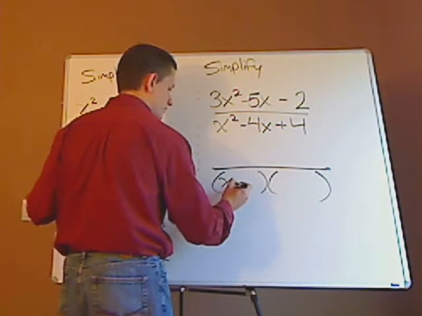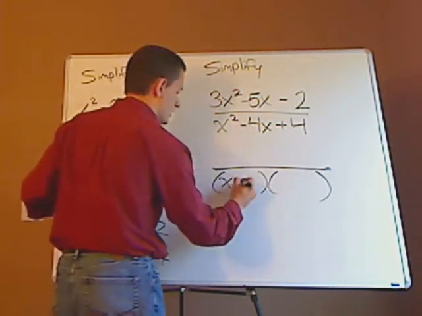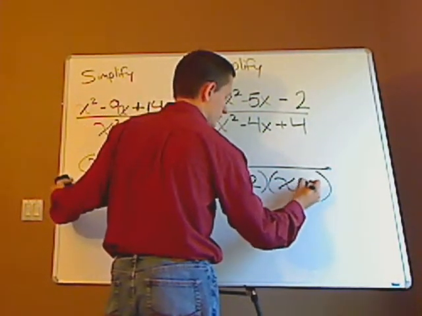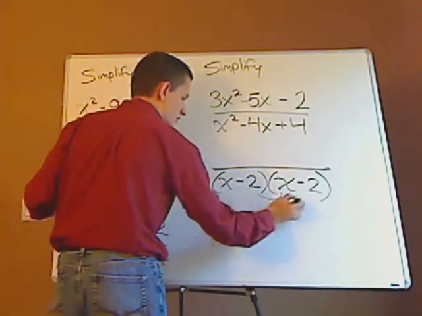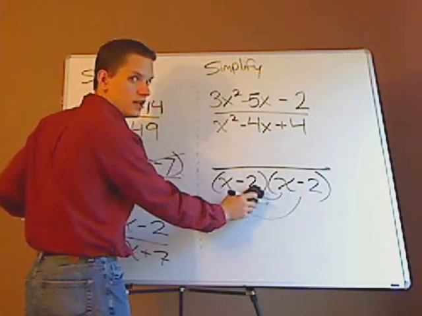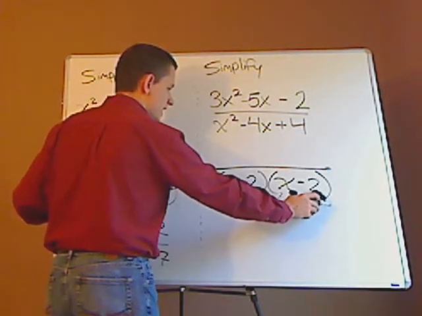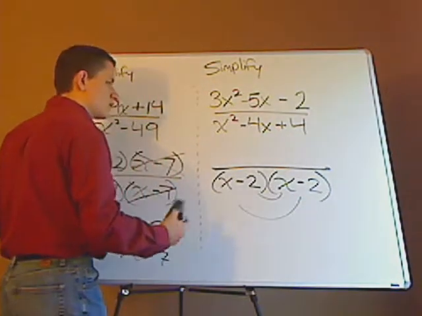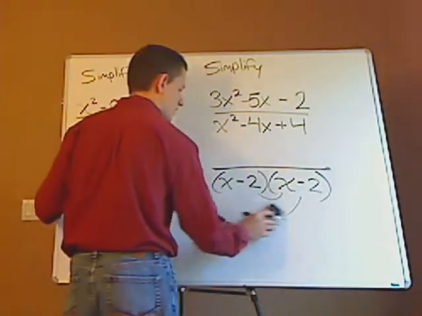So is it going to be x plus 2 or x minus 2? Right, it's going to be x minus 2 for both of them. And you can always check by doing the inner and the outer. Right, negative 2 times x gives you a negative 2x. And then the outer, negative 2 times x gives you another negative 2x. When you add those together, that gives you a negative 4x. So that actually works out.